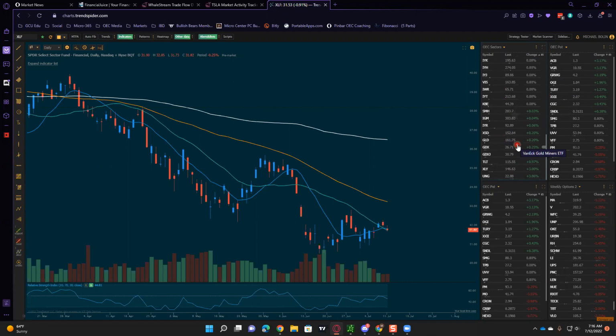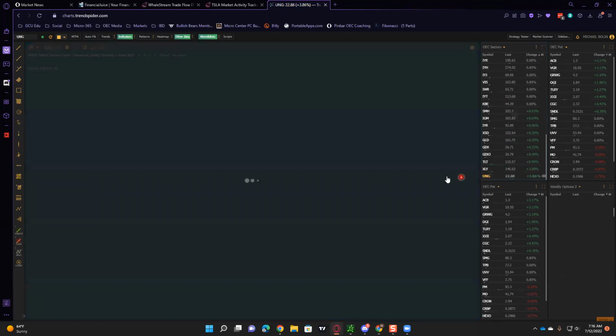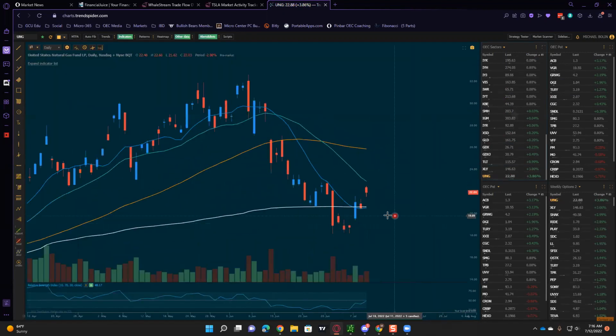I need a movement of at least 0.5% before I consider that something is up or down on the morning. So natural gas, nearly 4%, massive gap up, but it's been fading back away from the green line. My green line is a 20. So a nice, strong gap up this morning. Couldn't make it through the 20. And even if it does, we still need to be concerned about that $23 spot.